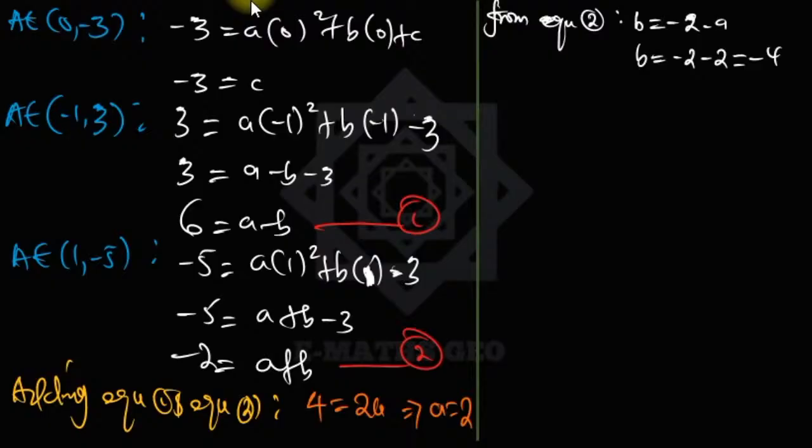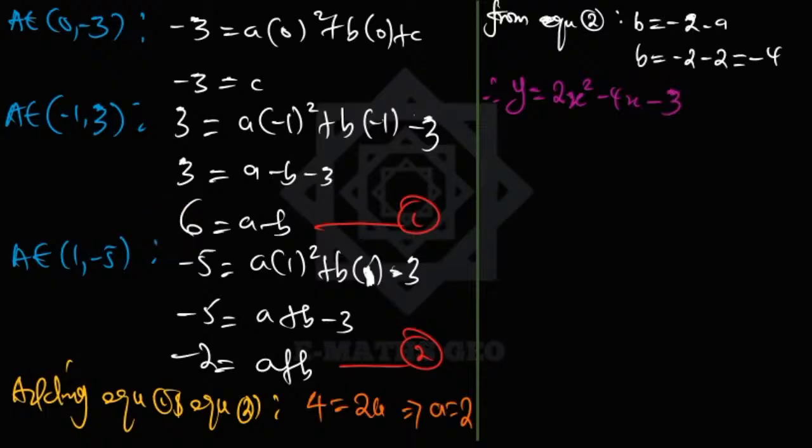So the value of b is minus 4. So we've gotten the quadratic function. Therefore the quadratic function is y equals 2x squared minus 4x minus 3. This is the quadratic function now.